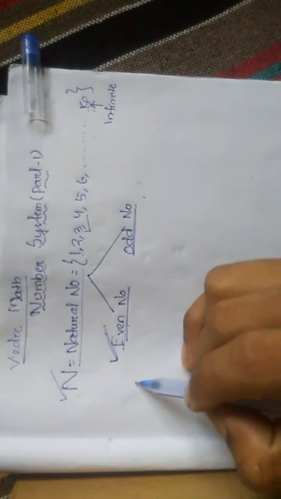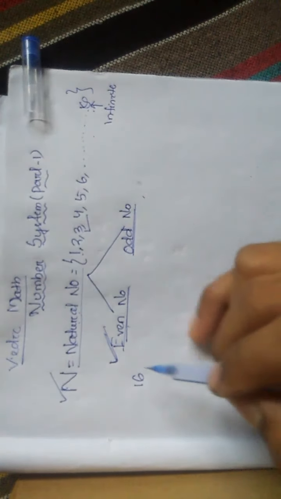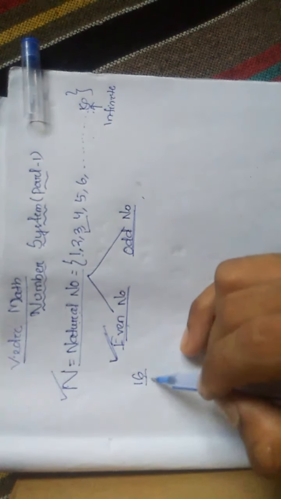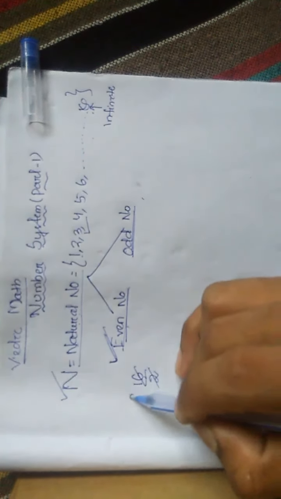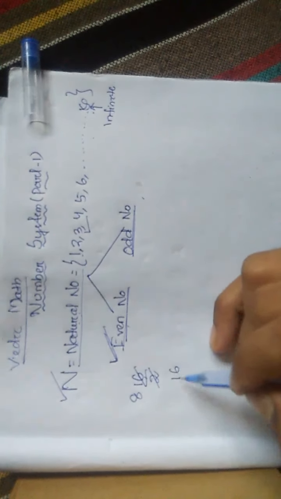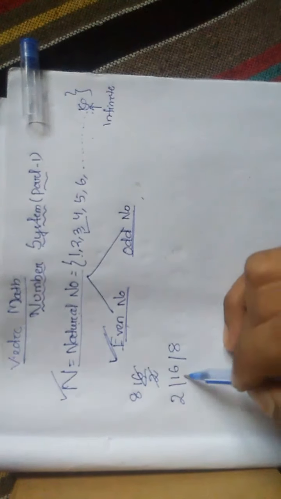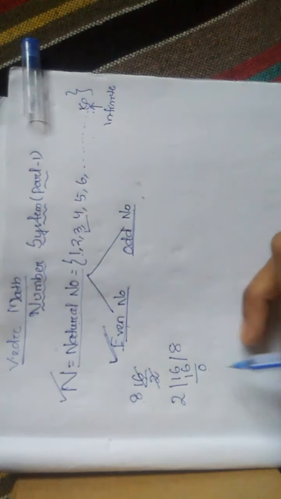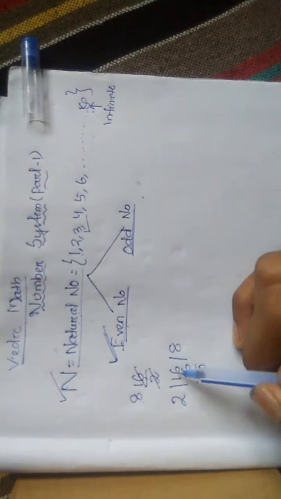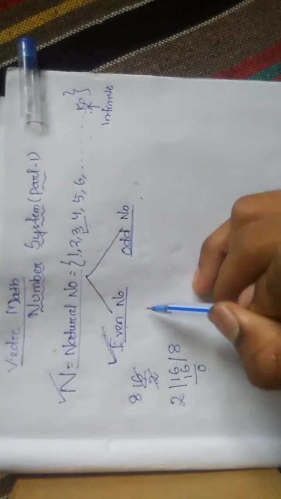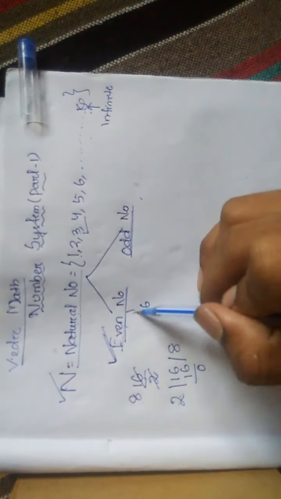Suppose I am taking the example of 16. Does 16 divide by 2? Let's try. 2 8s are 16, and we get 0 as remainder. That means yes, 16 is divided by 2. Since it is divided by 2, 16 is an even number.